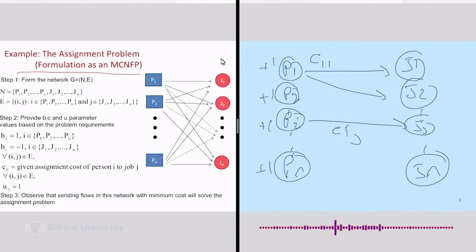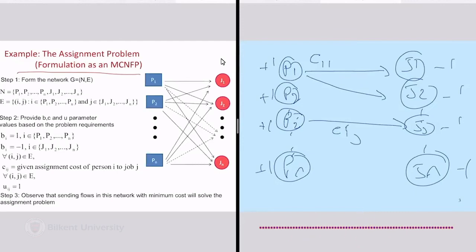And each job is a -1. Each job has to be done. So if a person sends 1 unit to a job, that means that person is going to do that job. That's the output, right? So then my B's are done too. My persons are +1. My jobs are -1.